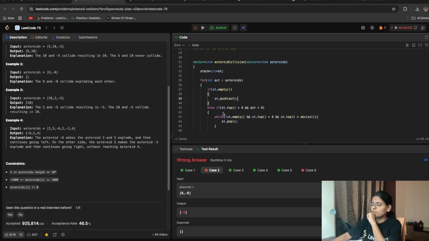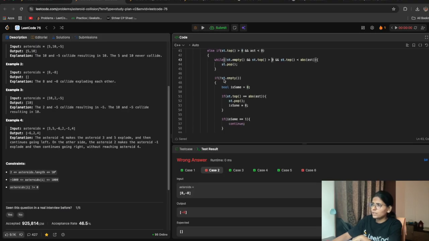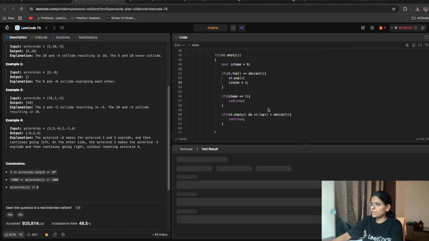Our st.top was greater and ast was less, so we check st isn't empty and st.top is greater than 0 and st.top is less than abs(ast). No, it wasn't. So we go to the same check: if it is the same, we pop and continue.